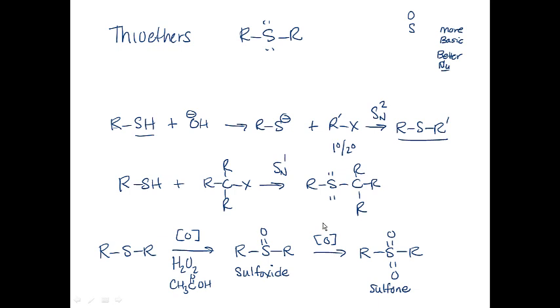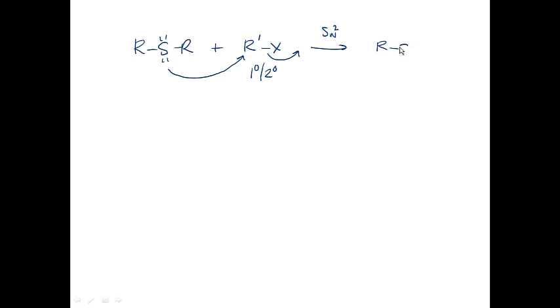Last thing about thioethers is simply that if you take a thioether and you were to react it with an alkyl halide, and this would have to be a primary or secondary alkyl halide, since sulfur is a good nucleophile, it could come in and do an SN2 reaction, and we could form a sulfur with a positive charge.